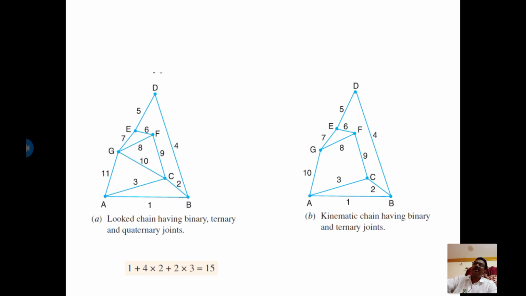That is 1 binary joint, 4 ternary joints giving 4 into 2, and 2 quaternary joints giving 2 into 3, a total of 15.